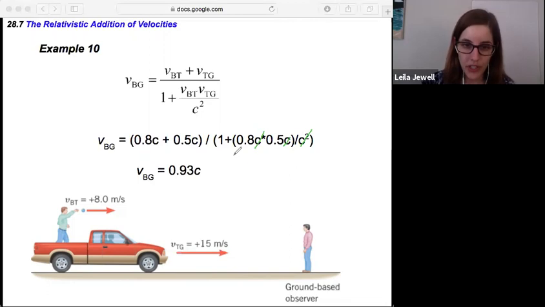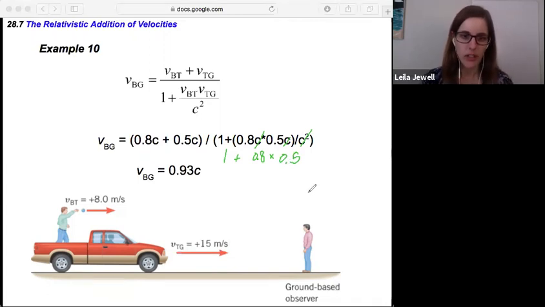And so we're left with a denominator that is just 1 plus 0.8 times 0.5, which I think will be 0.40. So divided by 1.4, and so we get something that is very nearly the speed of light, but is not in fact the speed of light, 0.93 c. This is now physically possible, so we are all relieved. Relativity helped us out by not creating an unphysical situation.